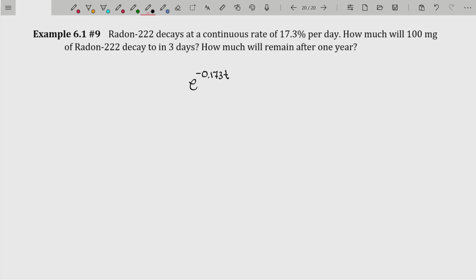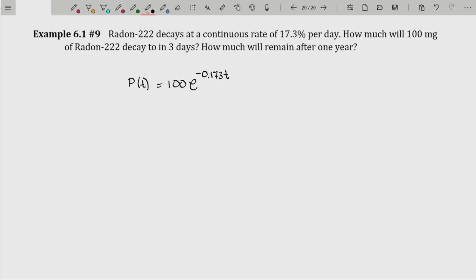Let's see, how much will 100 milligrams of that, so here's our initial amount, 100, how much of that will remain after 3 days? How much will 100 milligrams of radon-222 decay to in 3 days? And how much will remain after 1 year?